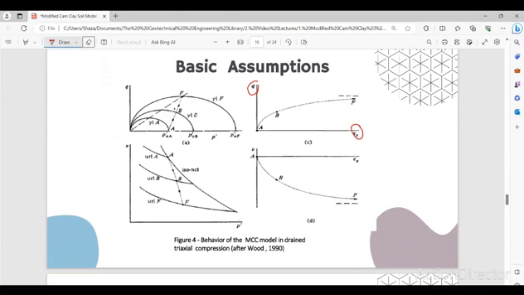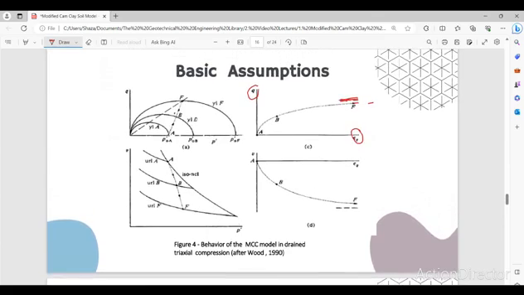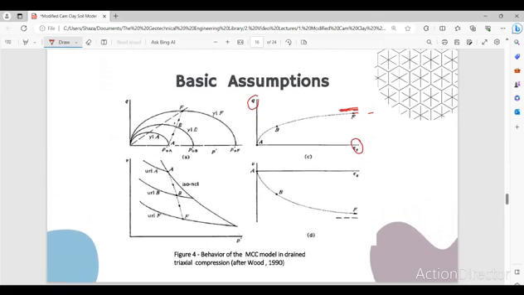And look, in this case, it goes to infinity. And here we reach the critical state. So thank you, and this is the first part of this lecture. In the second part, I will be discussing the applications and limitations of this model.